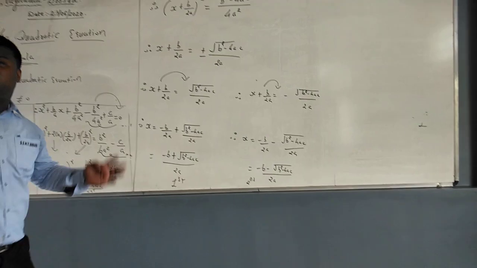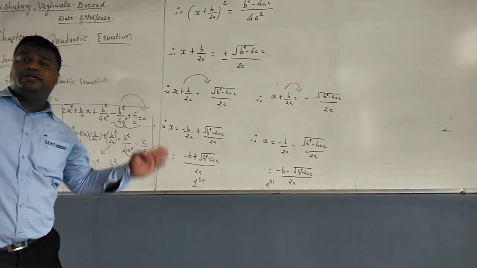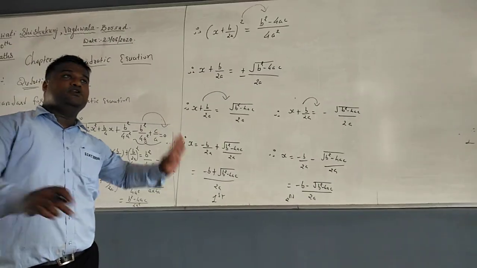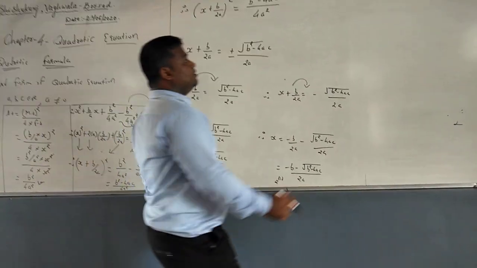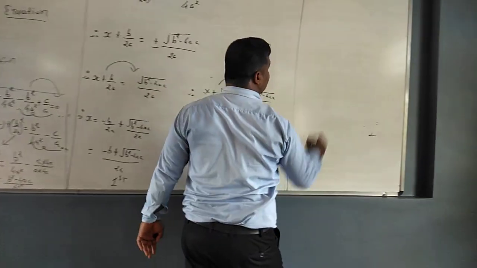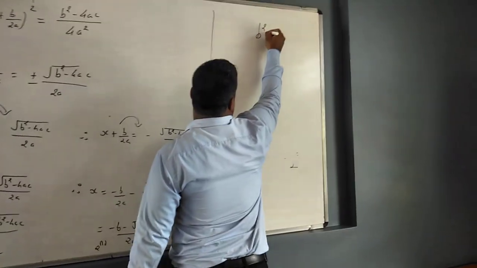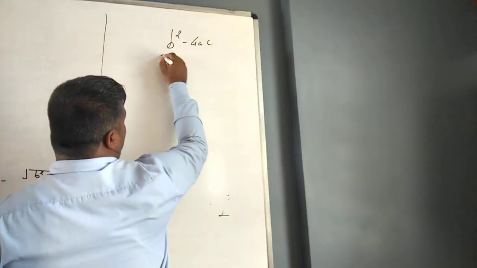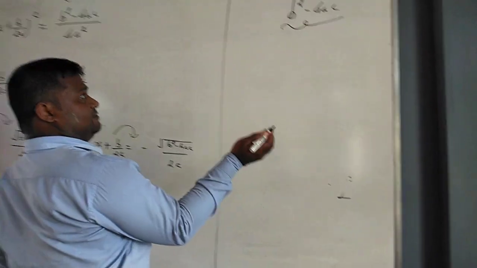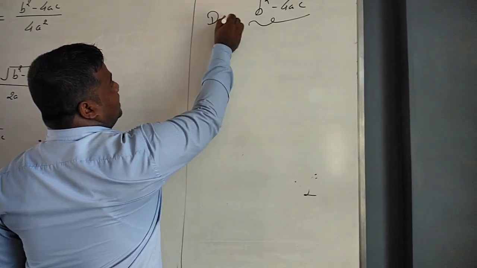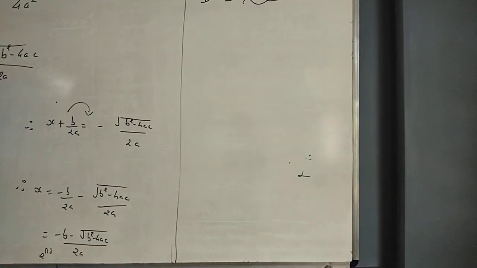But here, have you observed something which you did before the revision lecture? What is this? b² − 4ac. You all know that, dear student. Sir, this is the discriminant. D = b² − 4ac.